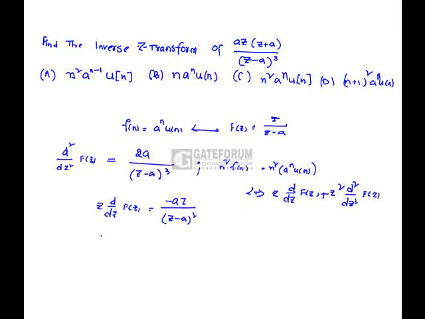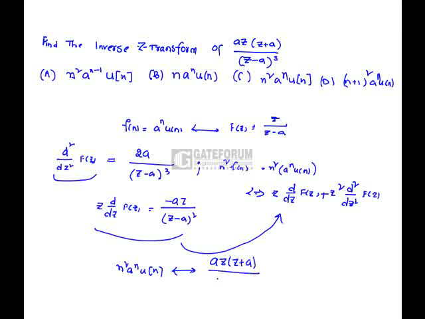So by substituting these two values into this equation, we will get n square a^n u of n is equal to az (z plus a) divided by (z minus a) whole cube. Hence option C is correct.